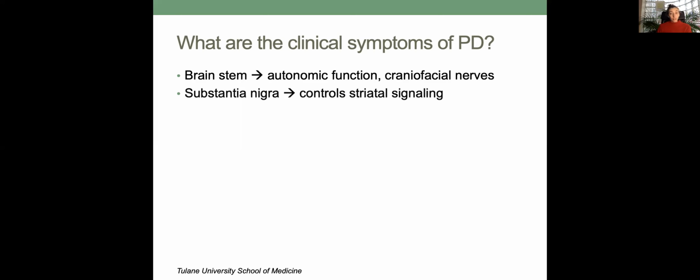As I just mentioned, the substantia nigra is important in controlling striatal signaling, and the striatum, in turn, controls motor output, and importantly, motor suppression, or telling your muscles to not move when you are trying to sit still and listen to a lecture or watch a video.